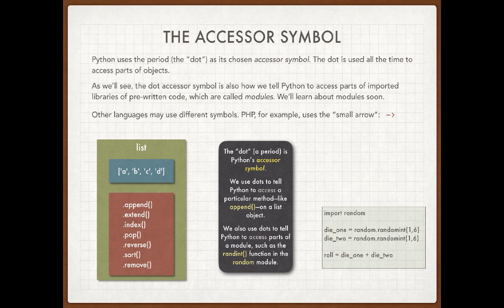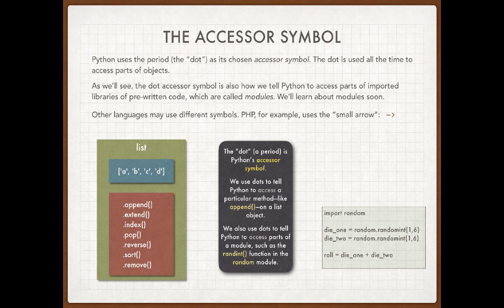The dot or the period is a really common one. Other languages use other ones, like PHP, for example, which uses a small arrow. You have to type 2 keys to get it. But no matter what the accessor symbol is in that language, it works the same way. So I use a dot to tell Python to access a method that exists on an object.